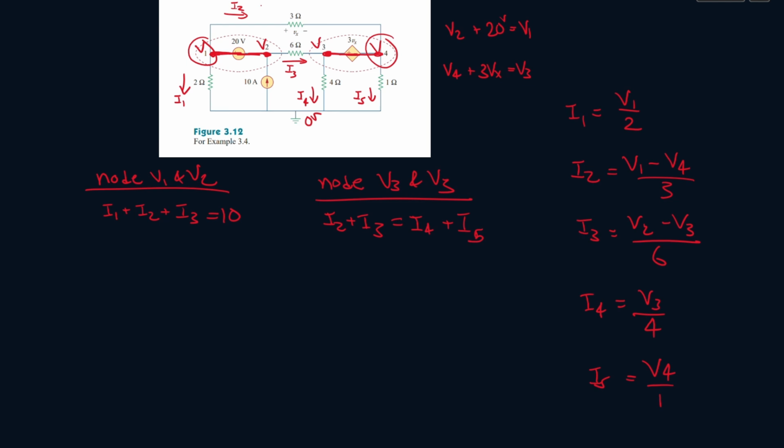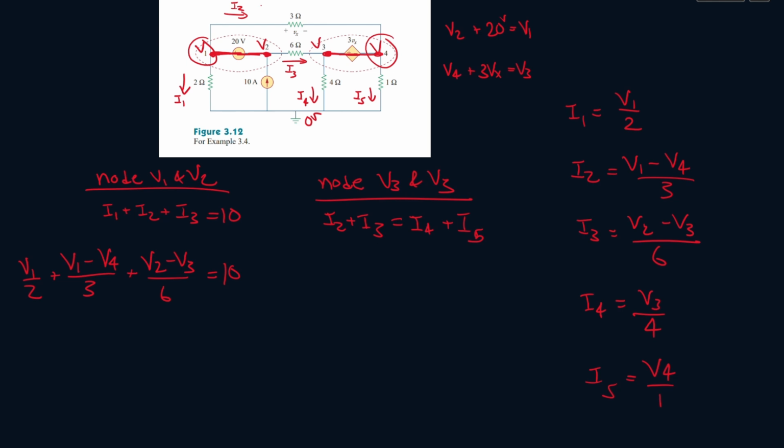Now we can start plugging all these in. So it's V1 over 2 plus V1 minus V4 over 3 plus V2 minus V3 over 6 equals 10.